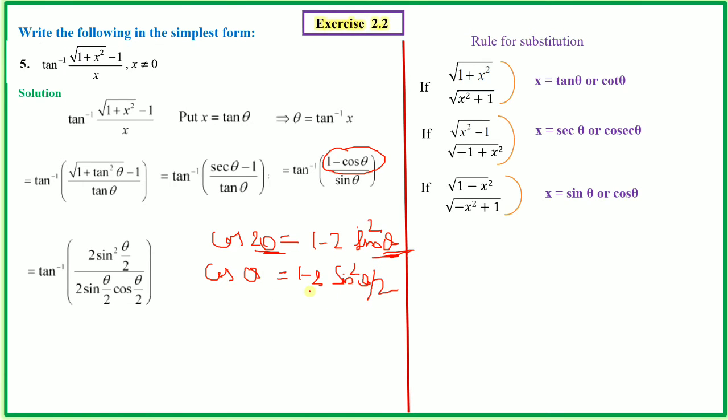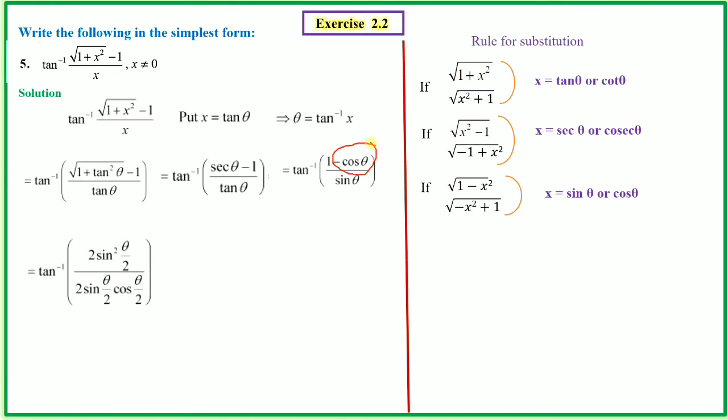So in place of this cos theta, we have used this 1 minus 2 sin square theta by 2. When we multiply this minus inside, this will become positive. So this minus and this minus cancel, so we have 2 sin square theta by 2.